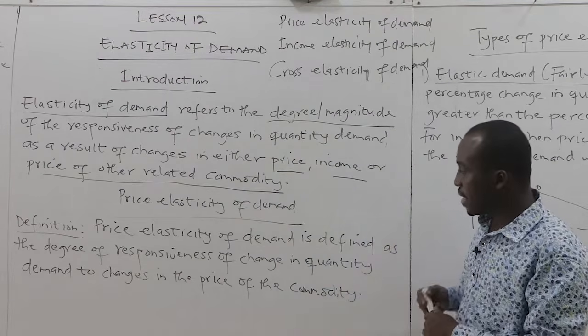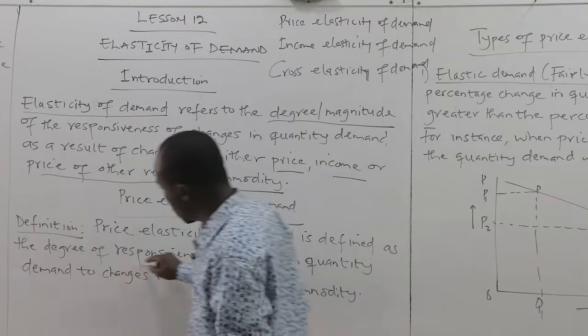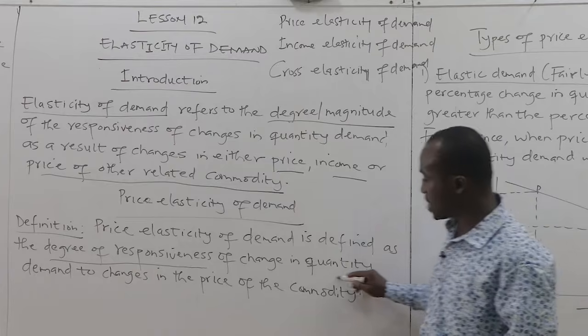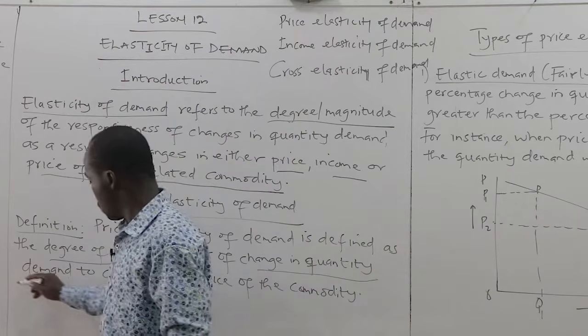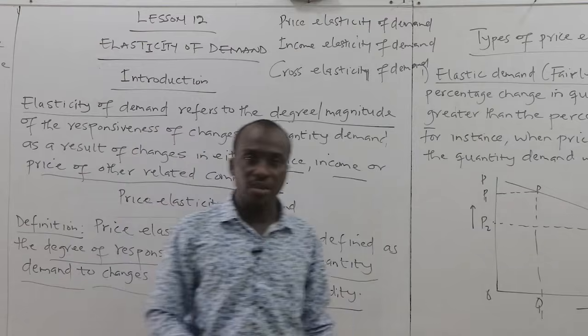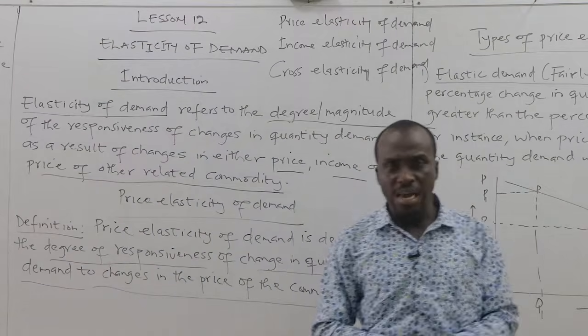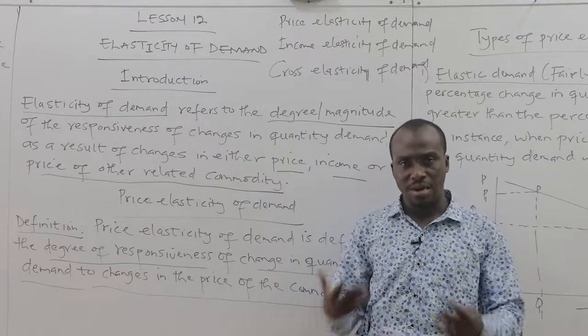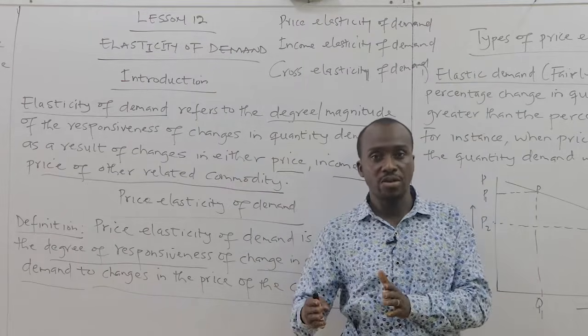So it talks about what? The degree of responsiveness to which consumers will change the quantity they demand when there's a change in price. Keywords.